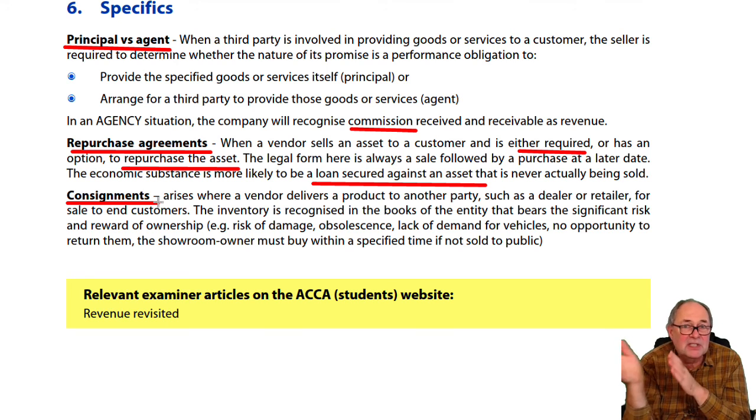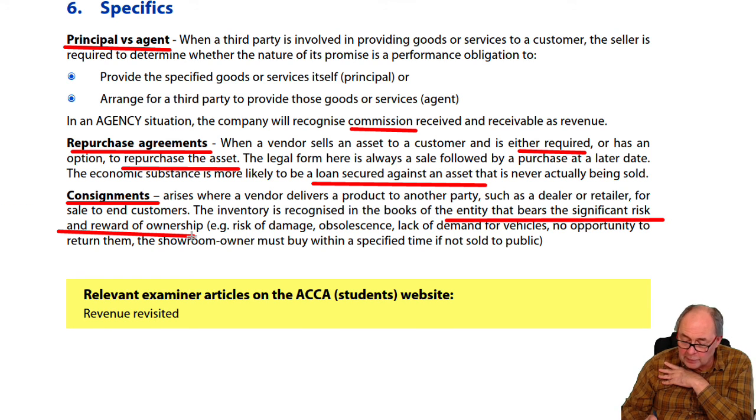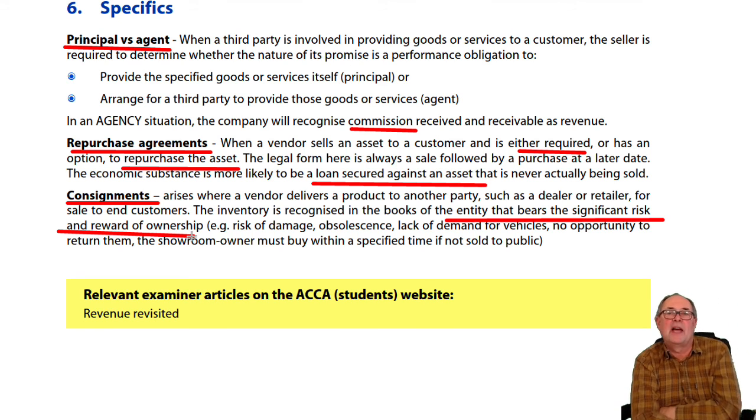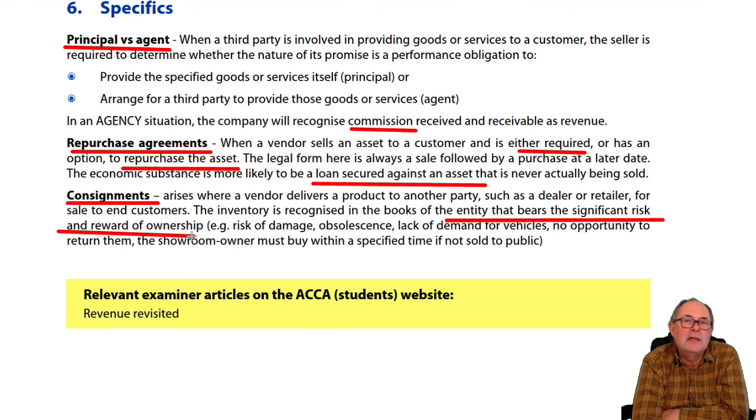So it begs the question, doesn't it? Are they my cars or the dealer's cars at that stage? And again, we would look at the substance of the transaction. So essentially, again, we would consider things like who bears the significant risk and reward of ownership. Very often, I tell students to look for things like insurance cover. Who's got the insurance responsibility if the cars are all stolen?